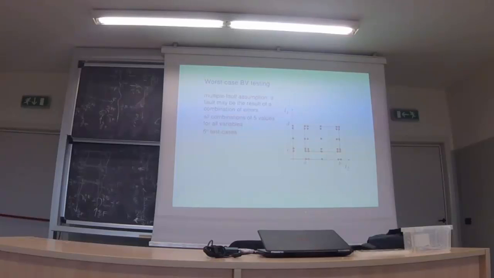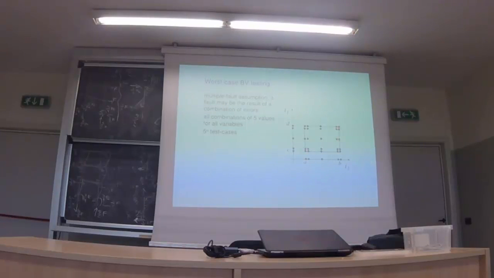Also, we have multiple fault assumptions. In particular, a fault may be the result not only of just one bug in our software, as we assumed before, but of a combination of multiple errors. So instead of using a nominal value for the variables not considered, we use the combination of all 5 values for all the variables.